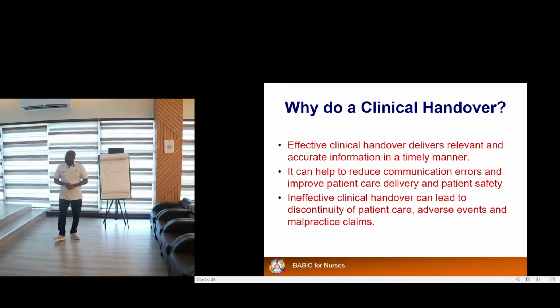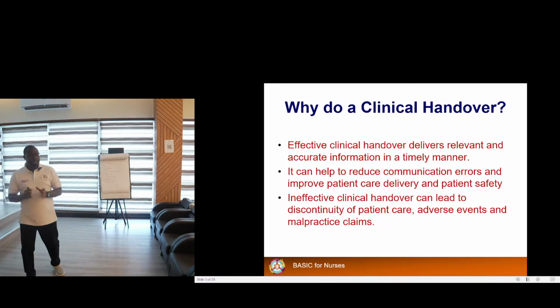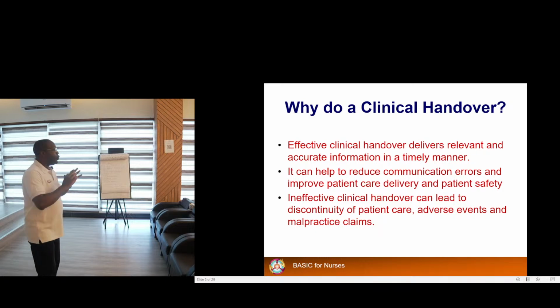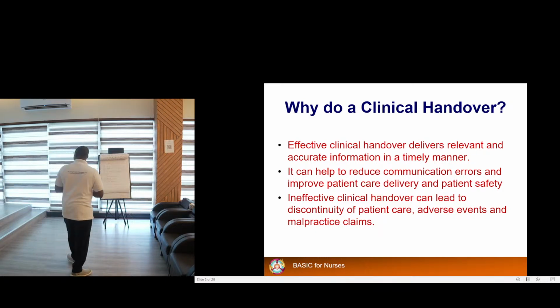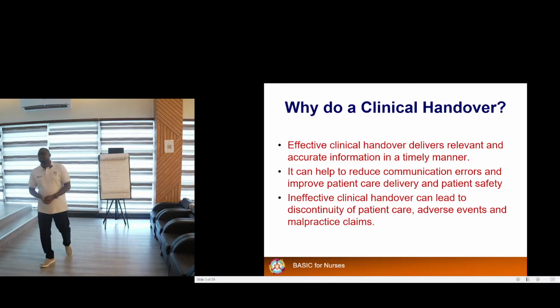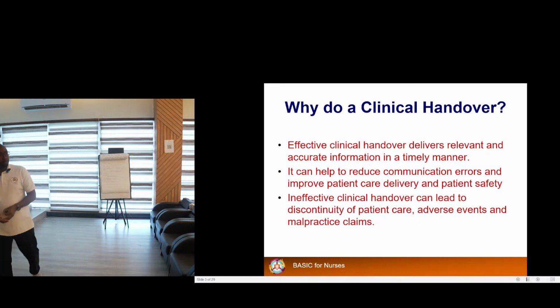Ideally, effective handover will deliver accurate information in a timely manner, will help in safekeeping of that patient, and will reduce communication errors. Sometimes we just say, give that person adrenaline, but actually you meant no adrenaline.